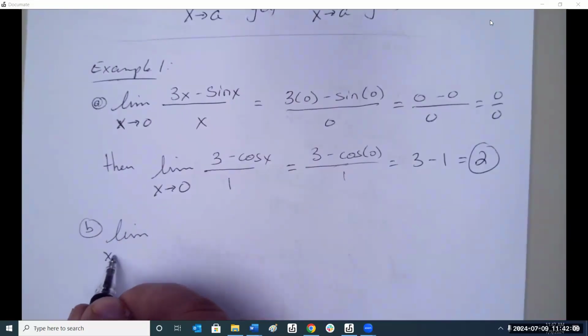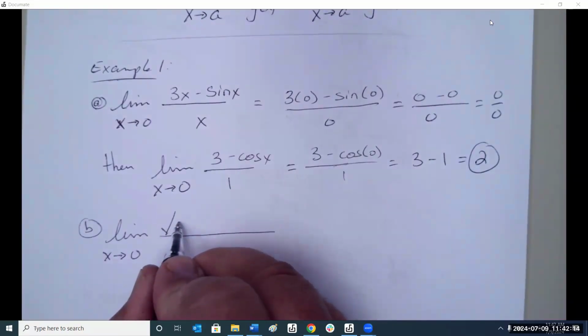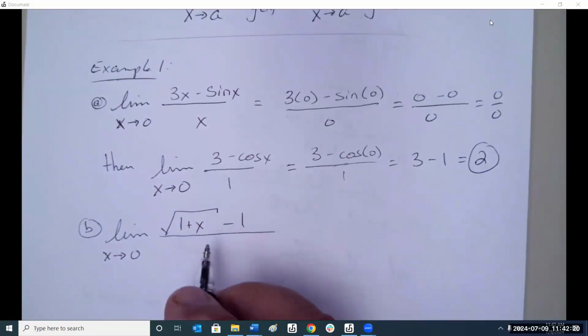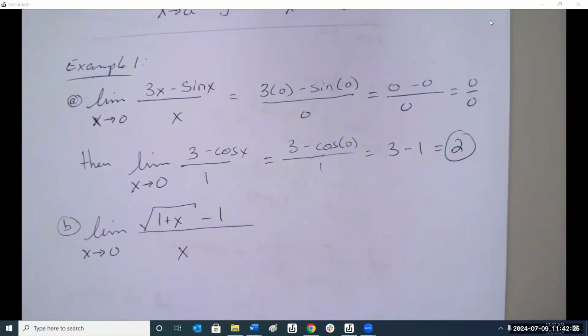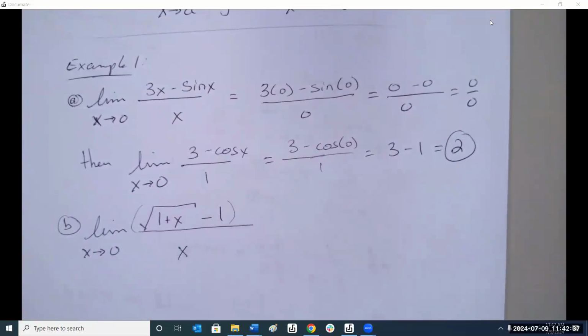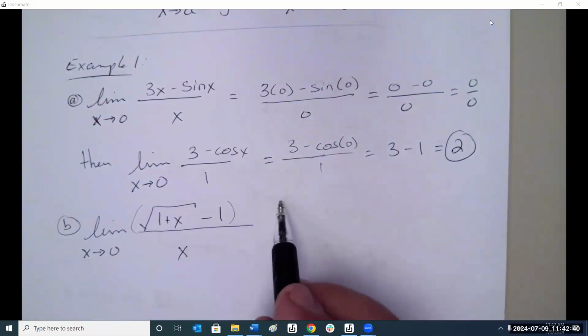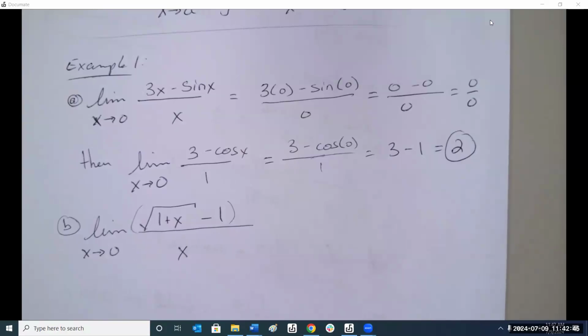The limit as x approaches 0 of the square root of 1 plus x minus 1 over x. Remember, in chapter 2, we would have to multiply the top and bottom by the conjugate of the numerator, square root of 1 plus x plus 1.